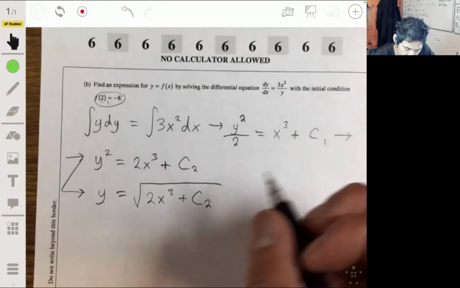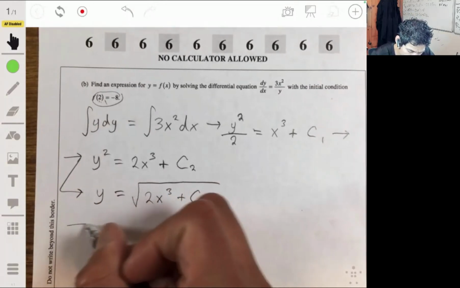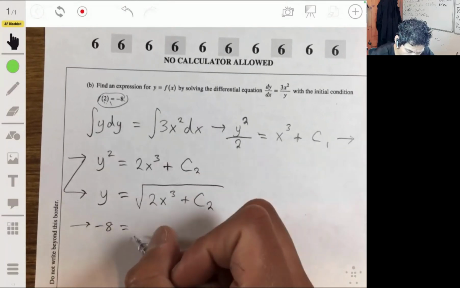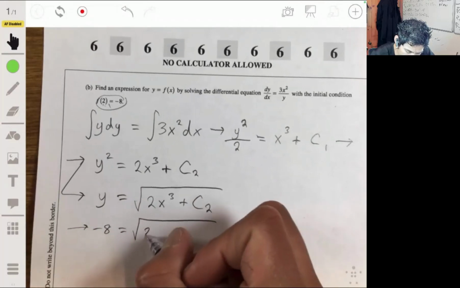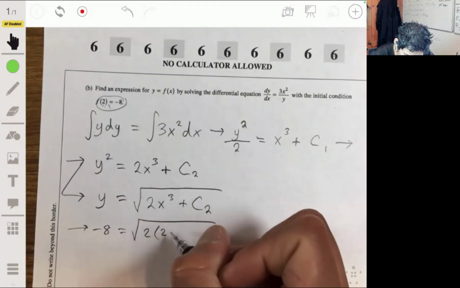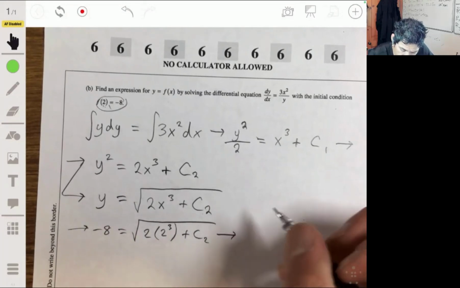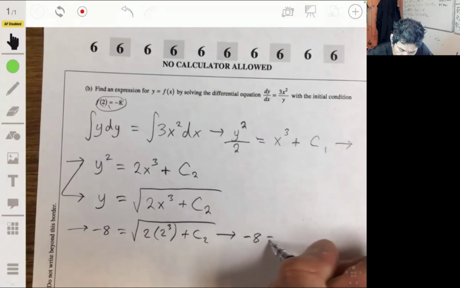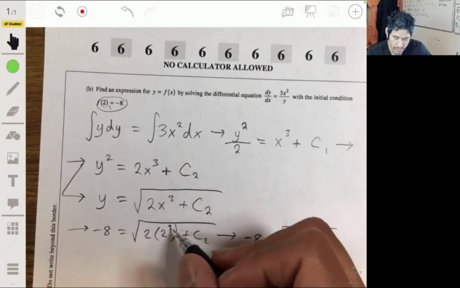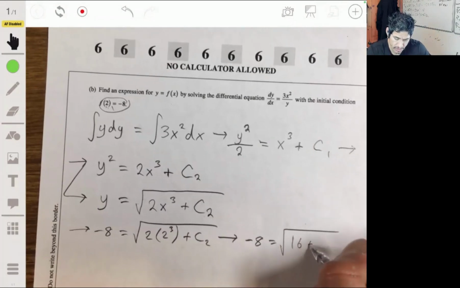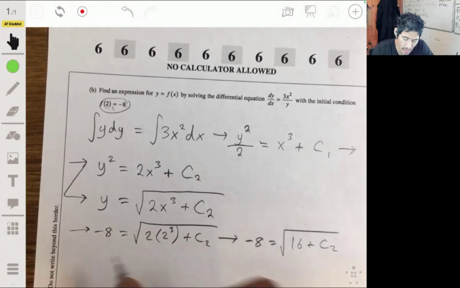Now, it says that y is -8, and x is going to be 2, so we're going to have -8 equals the square root of 2 times 2 cubed, plus c2. So -8 equals 2 cubed, 2, 4, 8, times 2, 16, plus c2, so plus 48.